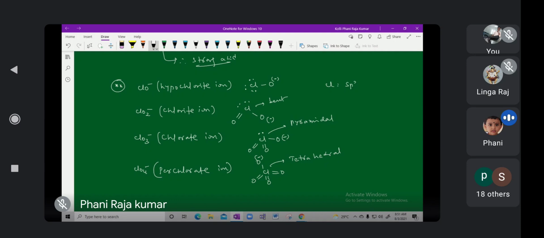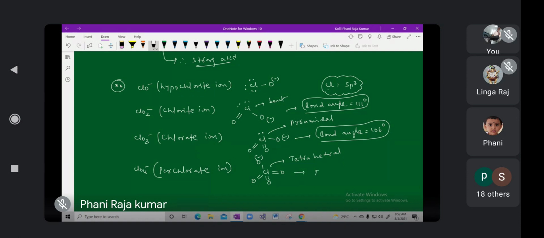In ClO2 minus, the bond angle is 111 degrees. In experimental values, please remember this. Bond angle 111 degrees. And here, bond angle 106 degrees.